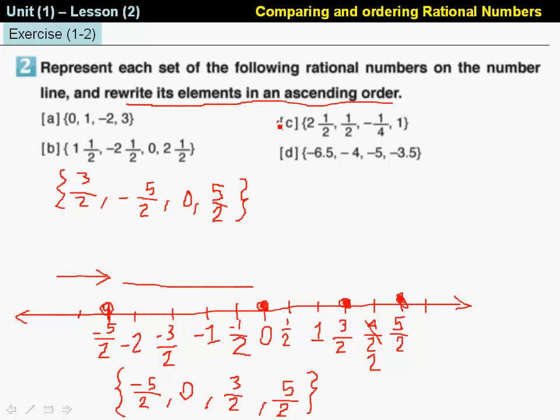Okay, you can solve this the same as that one. But for this one, please make this as 6.5. This will be minus 3.5. Why? Because you have to put all of these rational numbers in the form of A over B. So this will be 2 times 6 is 12, plus 1 is 13. So it will be 13 over 2.